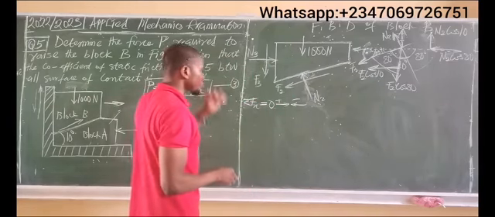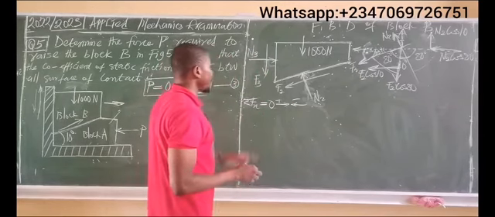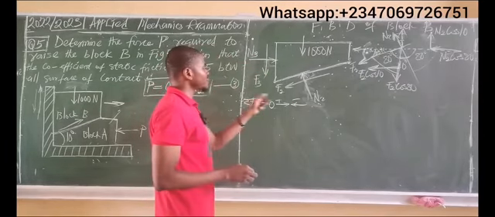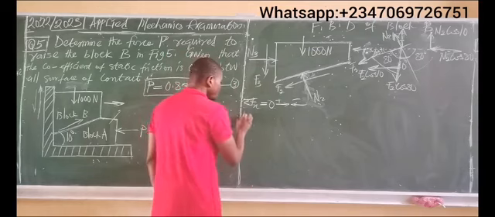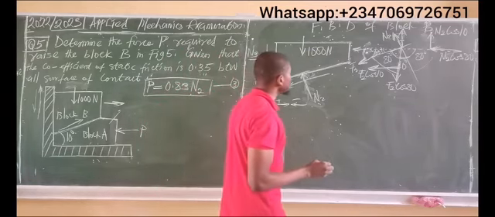So we look through the structure and pick all the horizontal components. I have N3 pointing to the right, so it's positive. We put down N3.